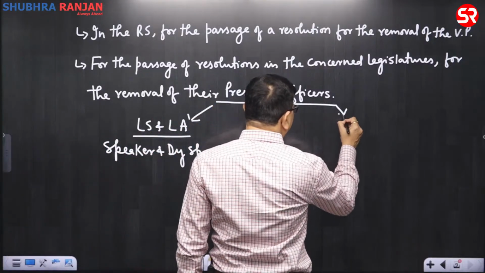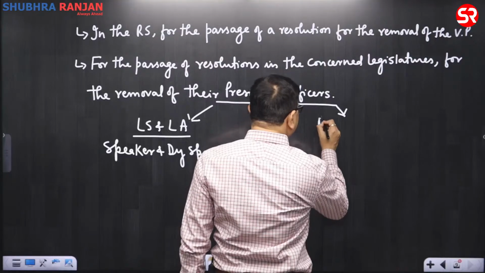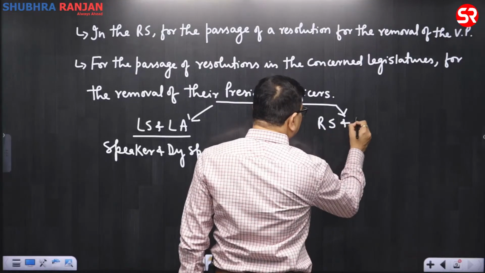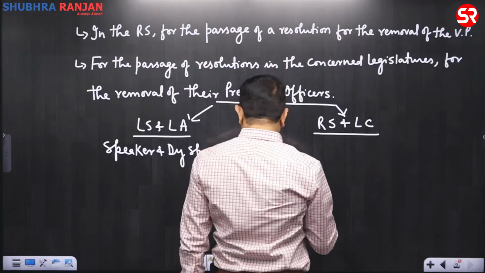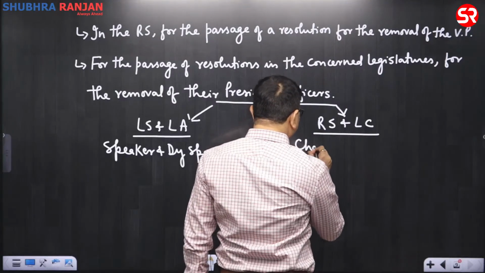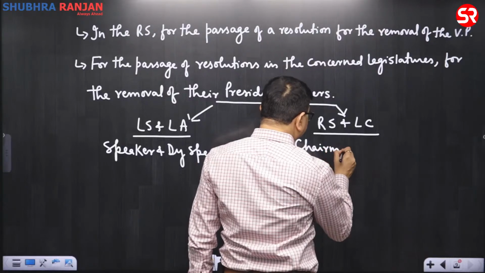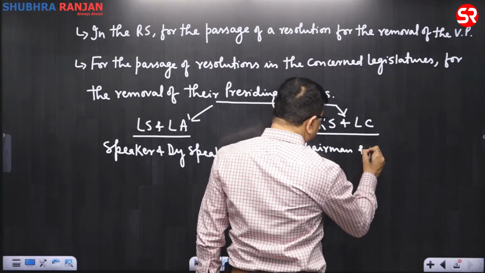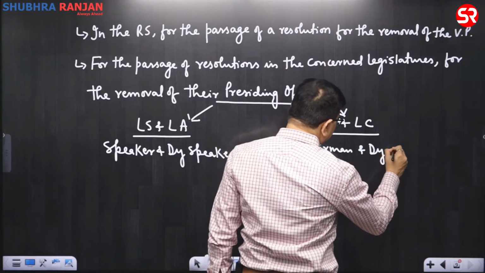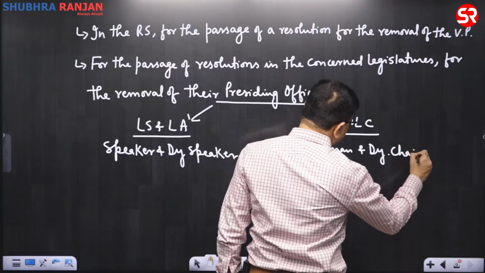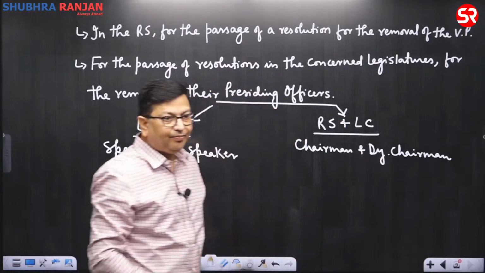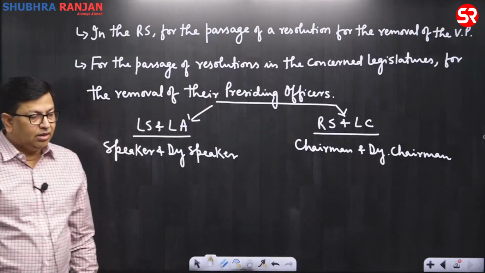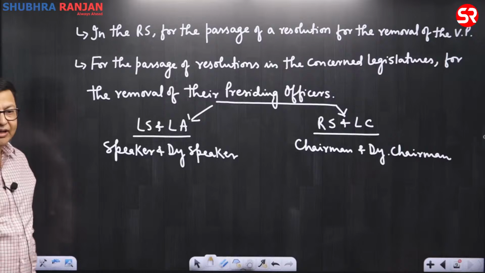Then in the Rajya Sabha and the legislative councils, the chairman and deputy chairman are the presiding officers.